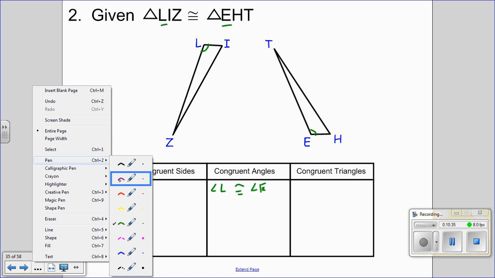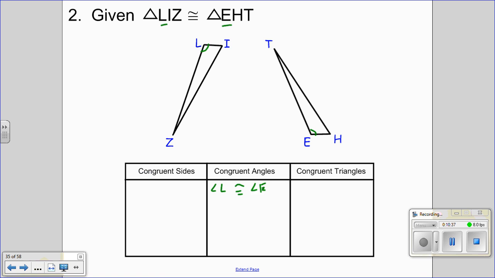Next, you have angle I congruent with angle H. So it gets two arcs. Also notice how I label the angles in the picture. I wanted to make them the same across triangles, but in one triangle it has to look different than the previous one.